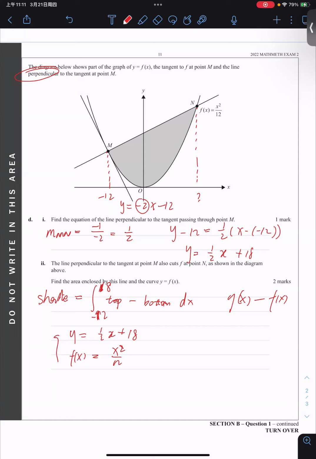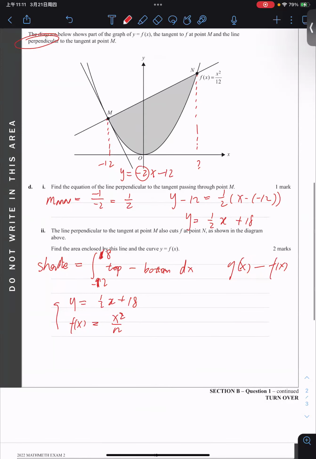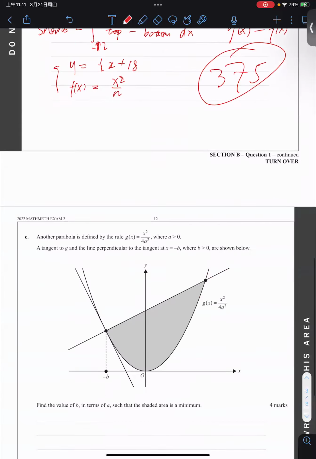Use your menu, calculus, definite integral, throw in every useful piece of information, and then click enter. And you can work out your final answer. That will be 375. You can work it out by hand, it's your choice, but time is limited. That's always my advice to every single student.